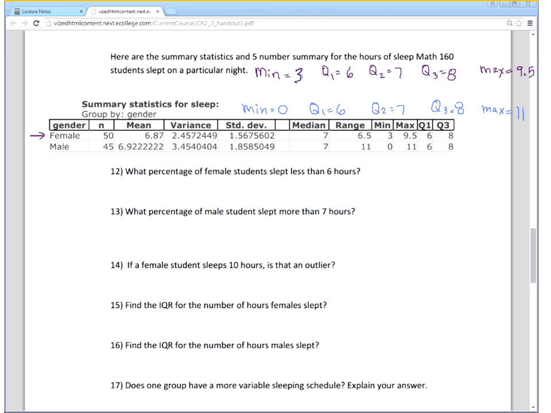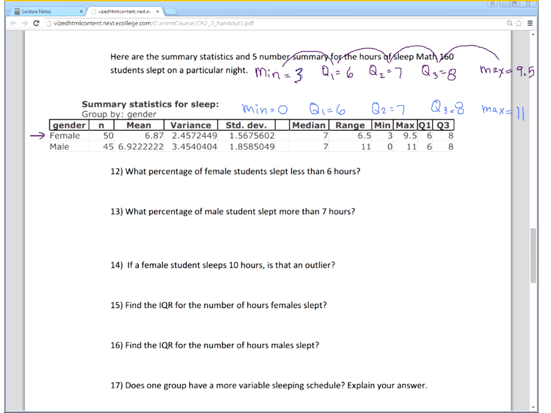All right, so it says what percentage of female students slept less than 6 hours? So we're looking at the female students. So remember, with our 5-number summary, from our minimum to our first quartile is 25%. From our first quartile to our second quartile, which is the median, that's another 25%, another 25%, and then another 25%.